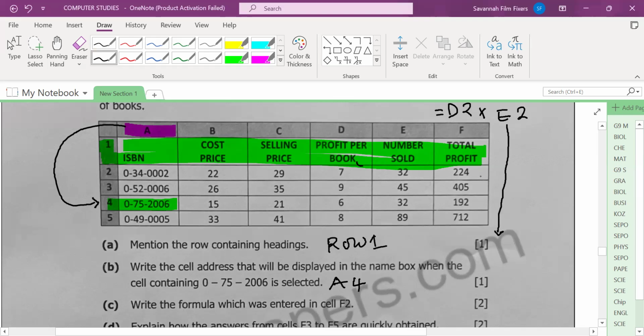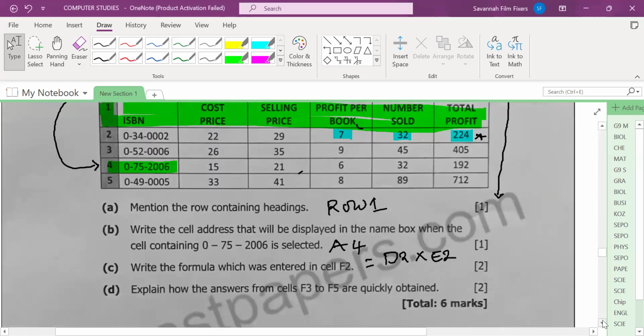F2 is here. To get this 224, we multiplied 7 times 32. So it's equals D2 multiplied by E2, and it will give you the profit. Remember, I told you I'm multiplying. So equals D2 multiplied by E2.